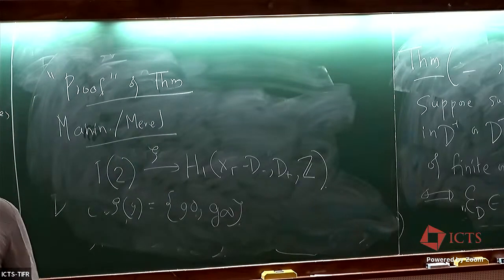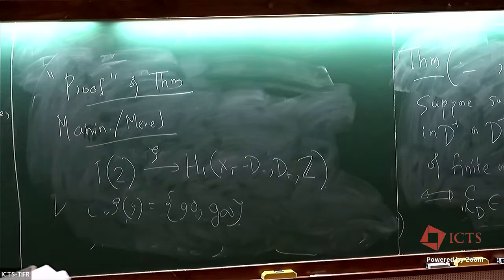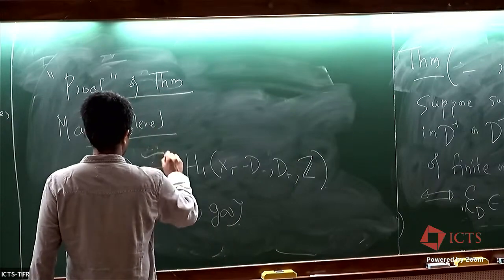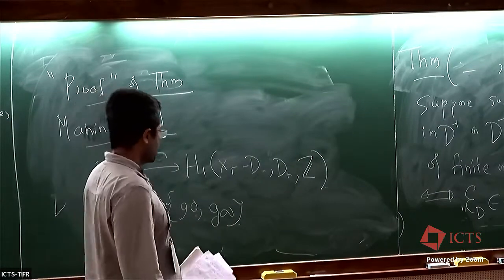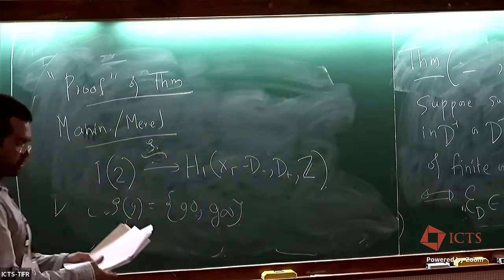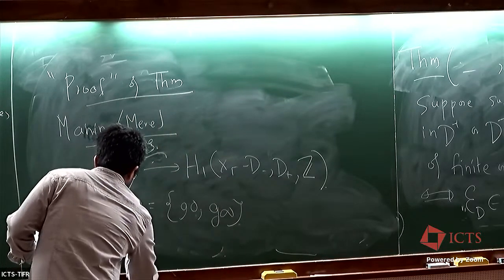Compared to Manin's theorem, if you are working with SL2Z, there is a surjective map, but it has a kernel. But if you are working with gamma 2, this map is an isomorphism. And similarly, we can do it by interchanging D plus and D minus.